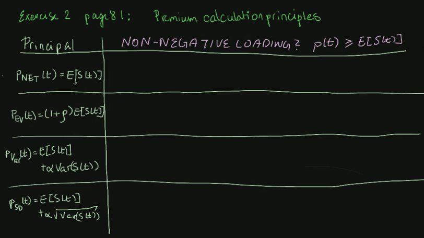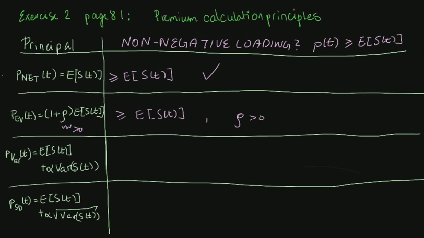We're quite sure that in the case of the net value principle, the premium is the mean of the total claim size, and thus non-negative loading is definitely satisfied. And in the expected value principle case, since rho is greater than 0, well then we have that this thing is also greater than or equal to the expected value of the total claim size, right?